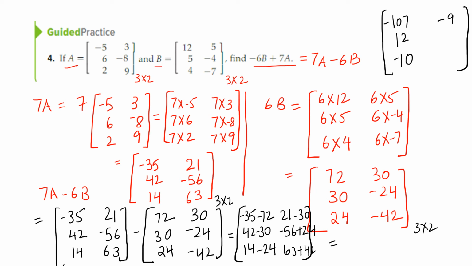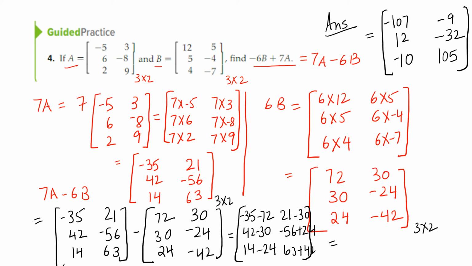Then you have negative 56 plus 24. We have to take care of the sign also. So 56, the bigger number, has a negative sign. This is going to be negative 32. Last but not the least, 63 plus 42. So that gives you 105. So this is the final matrix, which is your answer.